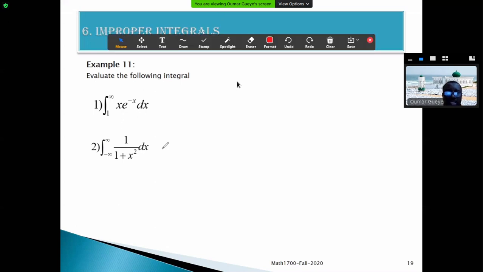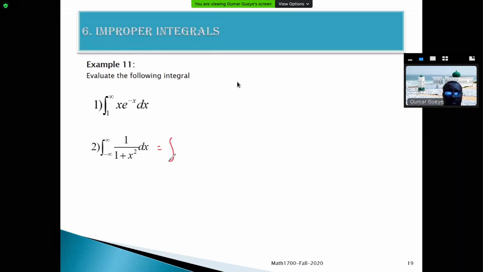I'm going to write it as the integral from negative infinity to any other number. I can say from negative infinity to 1 or 3 or 7 or minus 10 or minus 100. I'm just going to choose 0.